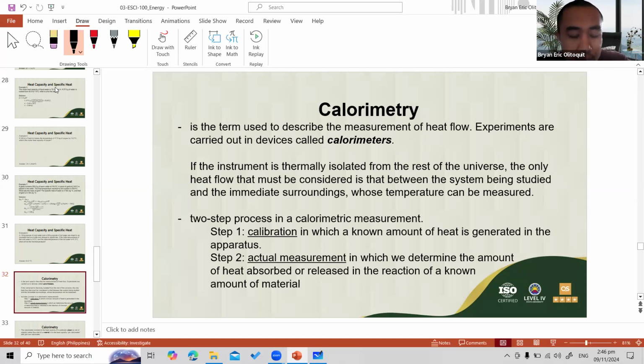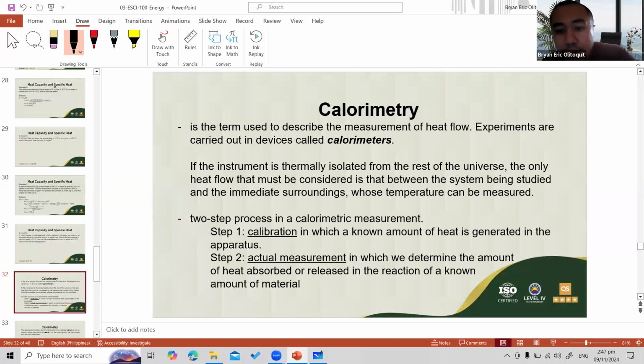Okay, so first you have the two-step process in calorimetric measurements. So first you have the calibration in which a known amount of heat is generated in the apparatus. And for number two, the actual measurement in which we determine the amount of heat absorbed or released in the reaction of a known material. So therefore, yung unang gagawin natin dito is to calibrate.